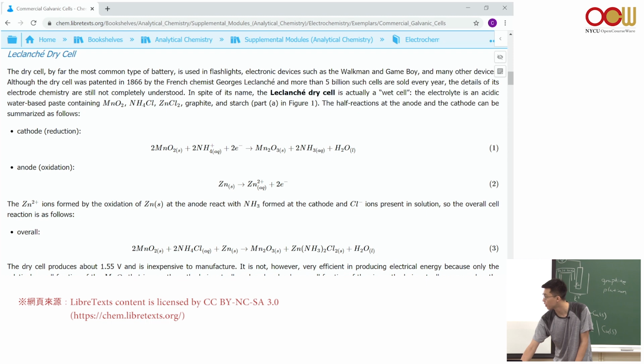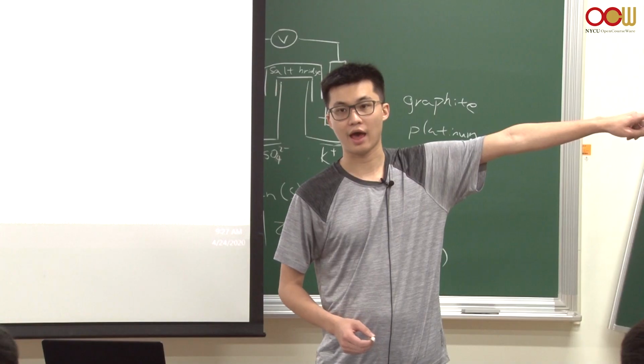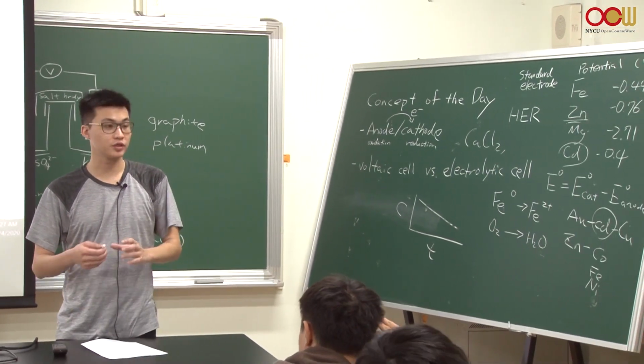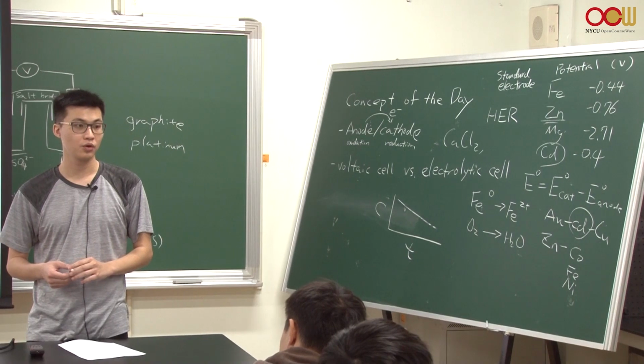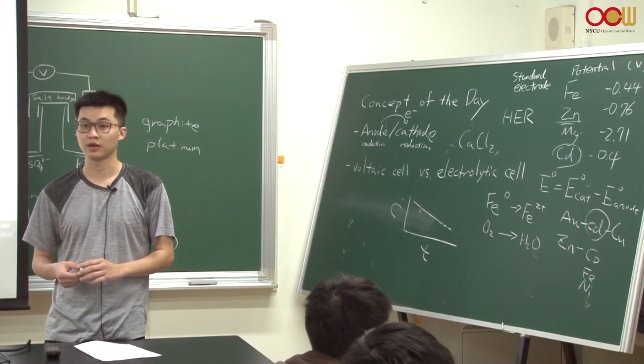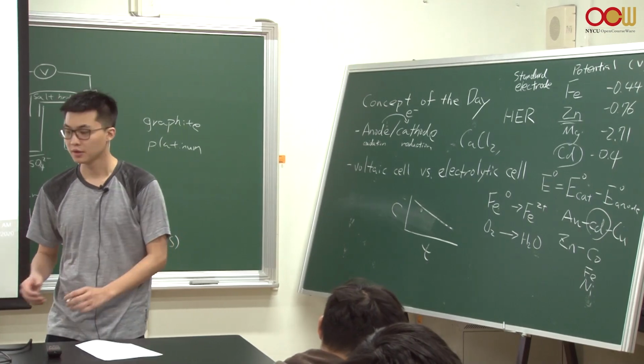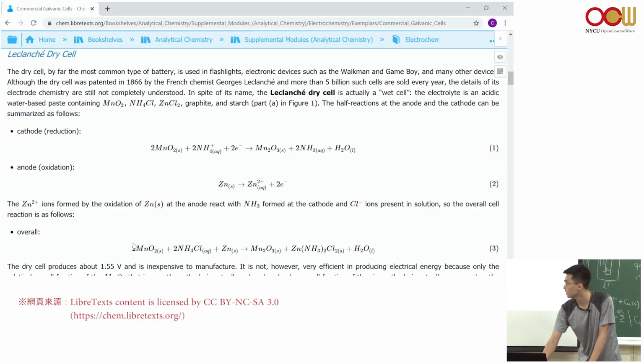Like I said, this is a very low voltage. What dictates the voltage? The difference in the metals' standard electrode potentials will determine the potential of your cell, okay? Such a process is limited to 1.55 volts. So it's fairly small compared to the electricity that we normally use, which is 110 volts, right?